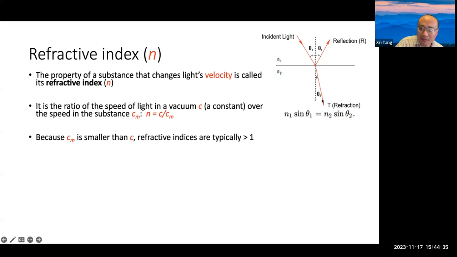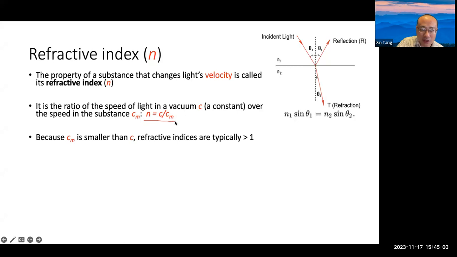Because of this, the material can also change the light path within the material and change the speed of the light. The frequency of the light will not change, but the direction and the speed will change when the light penetrates through different transparent materials.